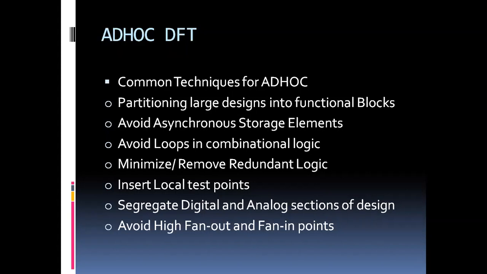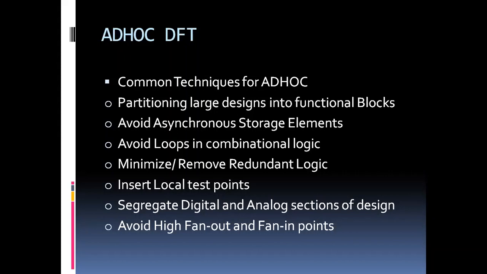Next thing is, we have to segregate digital and analog sections, because what we are talking about today is digital DFT. Similarly, we have a different set of techniques for analog testing. So when I'm applying my testing to different sections, I have to differentiate between the digital and analog.